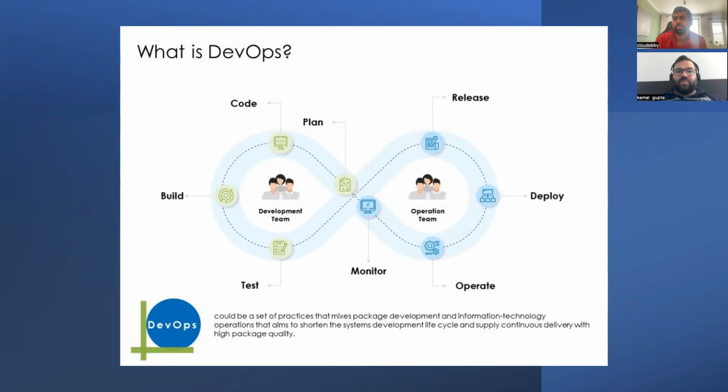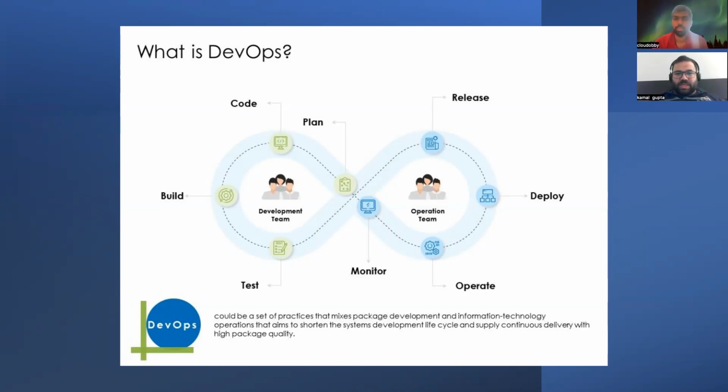First we have different phases, like plan, code, build, test, and deploy, and then monitor and feedback and security. So these are the 8 different phases of DevOps, and each one has different activities, which we will discuss later on.